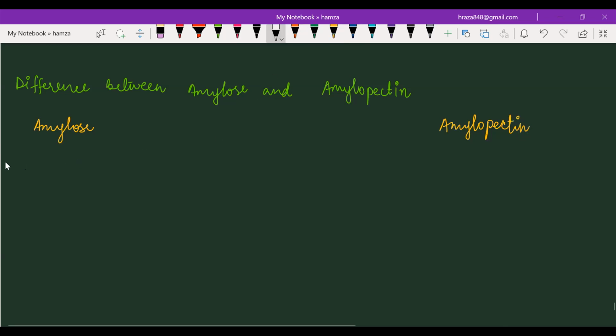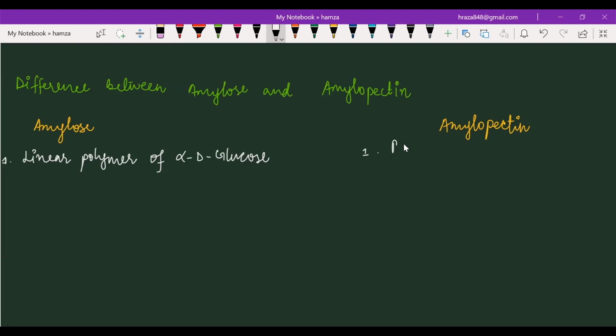So what is amylose? A linear polymer. Polymer everyone knows. A linear polymer of alpha D glucose. That means a lot of alpha D glucose units will be connected. And what is amylopectin? A branched polymer of alpha D glucose. There will be branches.